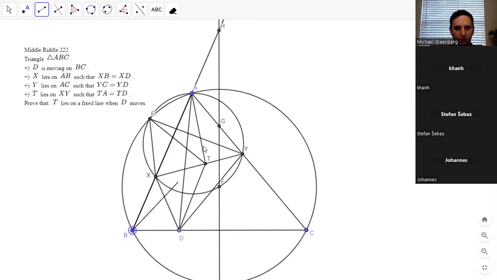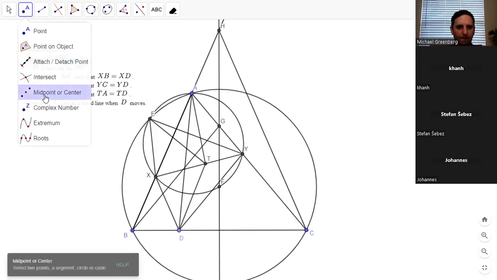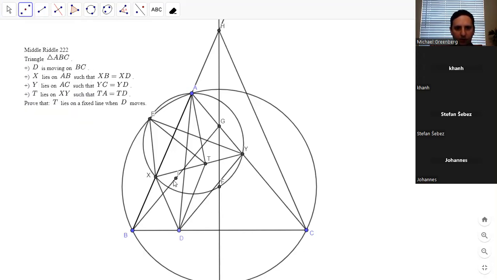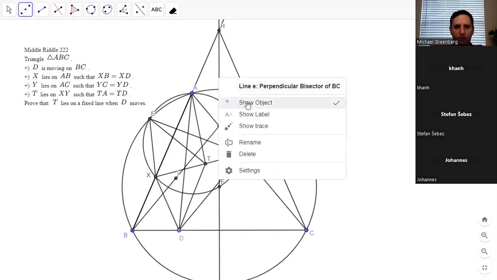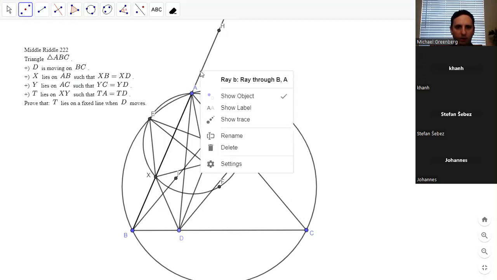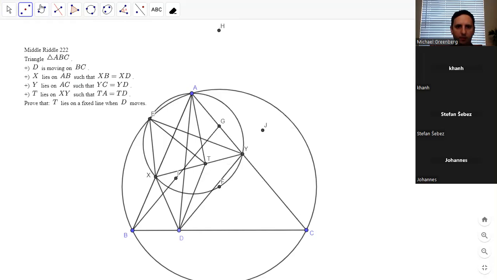We draw BG and CH, and we take the midpoints. So I think T will lie on that. So yeah. I don't know how helpful that is, but maybe it is.